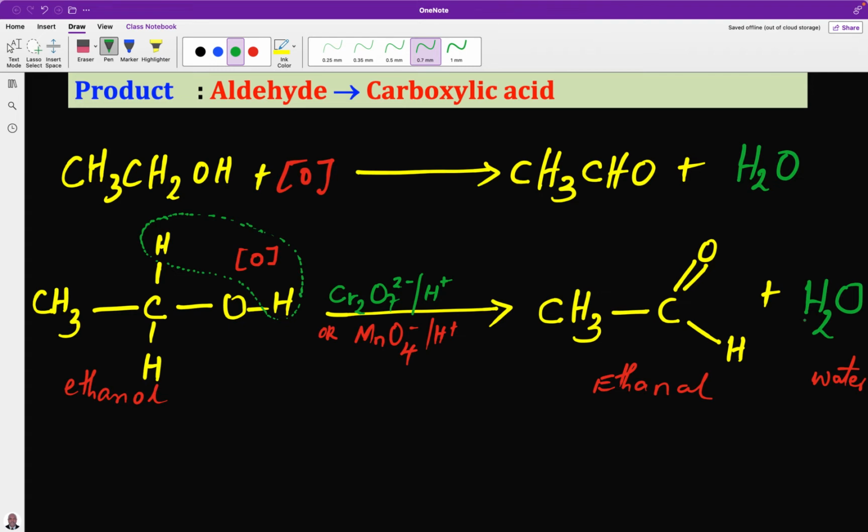As soon as the ethanal is formed, it should be distilled off immediately. So that is our reaction. This is ethanal, which is the aldehyde produced by the oxidation of a primary alcohol, which is ethanol.